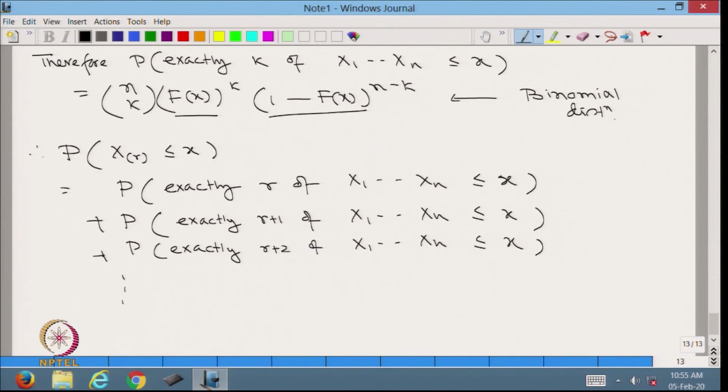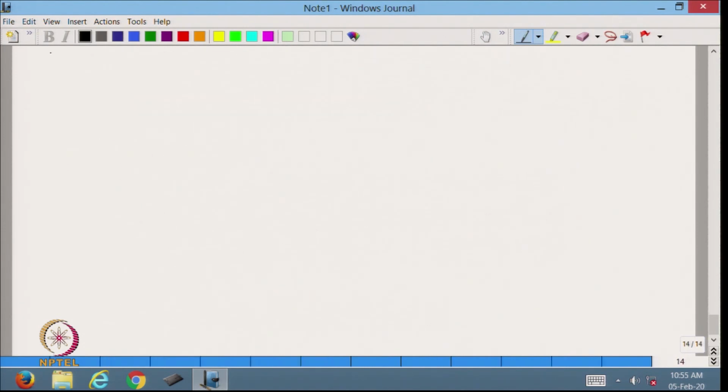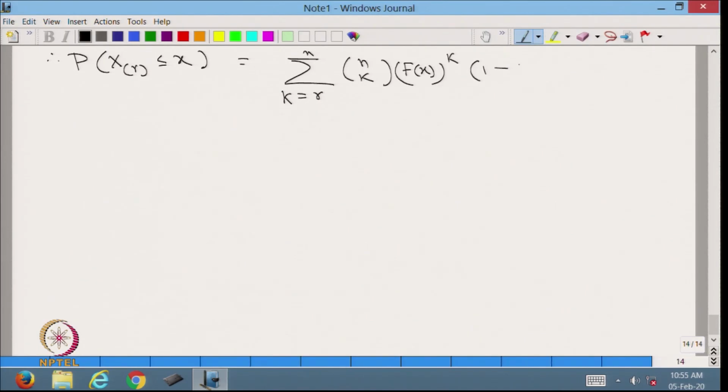Like that, we go up to probability all of X_1, X_2, ..., X_n less than or equal to x. Therefore, probability X_r less than or equal to x is equal to sigma over k equals r to n of n C k F(x)^k (1 minus F(x))^(n minus k).